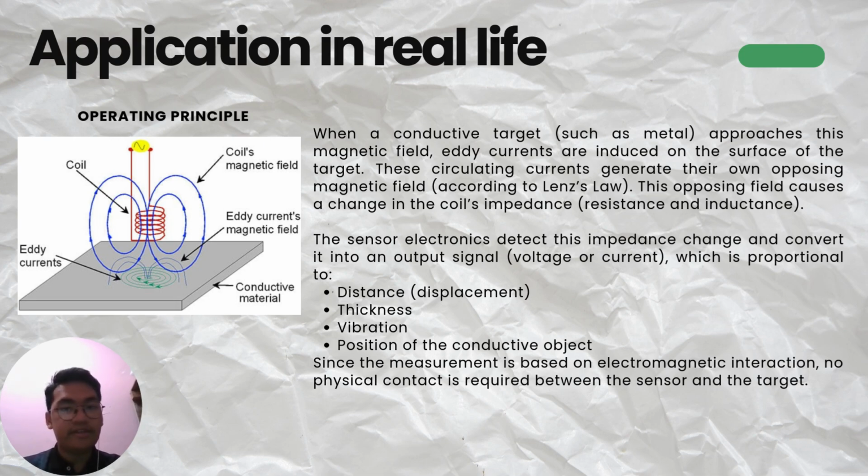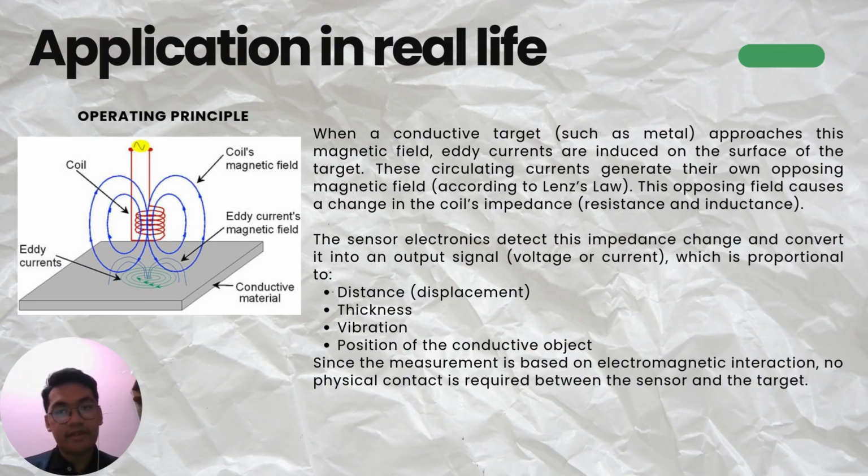For the application in real life, I chose the eddy current sensor. For its operating principle, when a conductive target approaches the magnetic field, eddy currents are induced on the surface of the target. The circulating current generates its own opposing magnetic field.